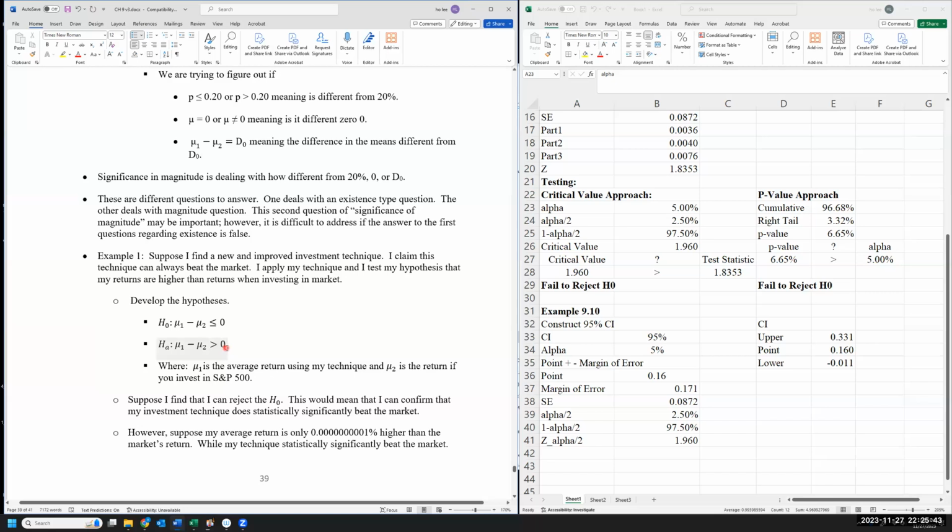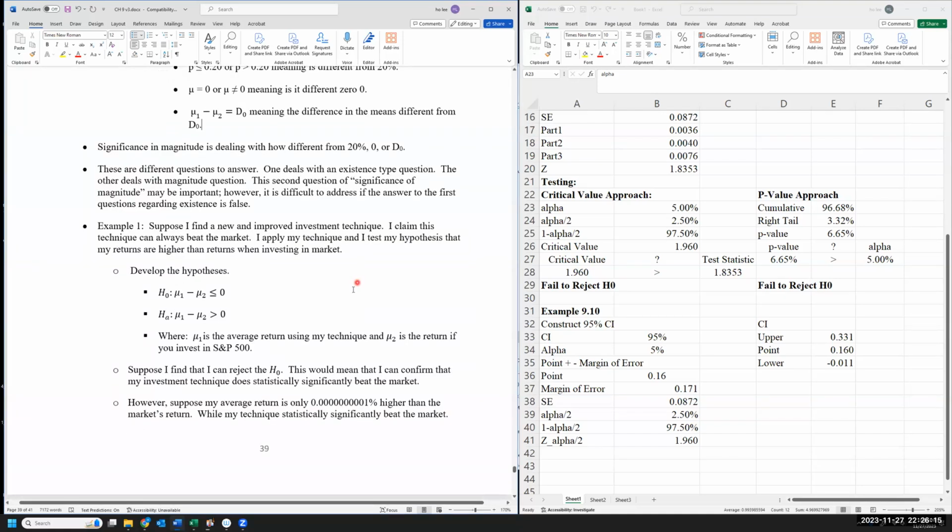Mu1 minus mu2 is greater than 0, where mu1 is the average return using my technique, and mu2 is the average return if you invest in the S&P 500. Suppose I can reject the null, and I find proof using data that my technique beats the market statistically. Okay, that is statistically significant, meaning the data shows I always beat the market.